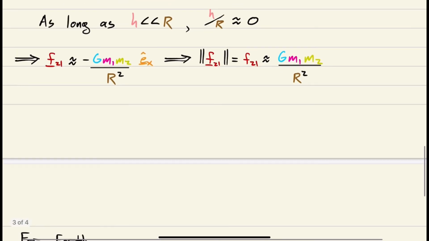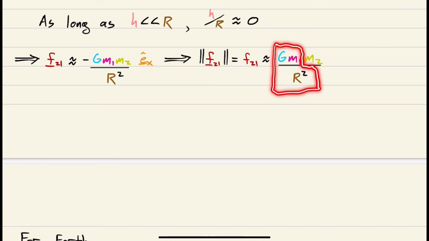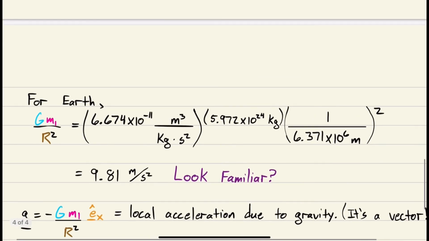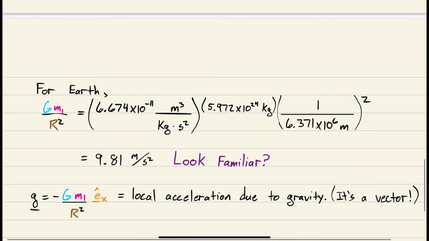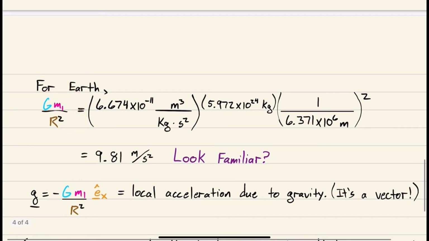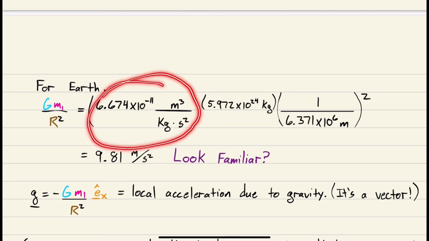Now, let's just look at this right here, G M1 over R squared. So that's this. And let's plug in some numbers. So this is G, the universal gravitational constant. It's just a number.